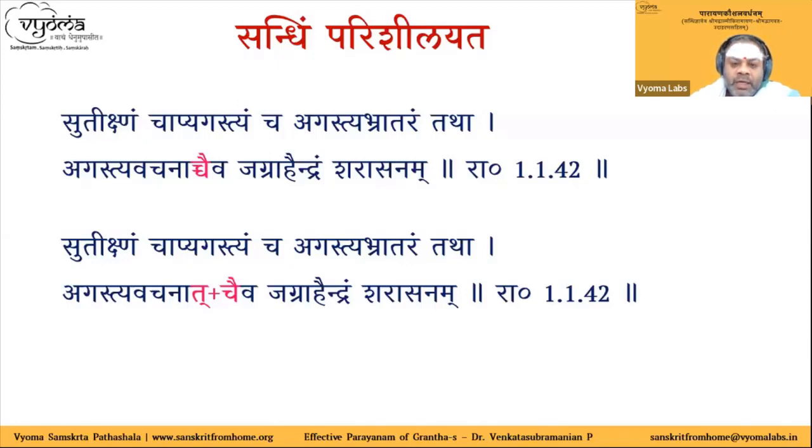The Uttara Varna or the Paravarna is Chakara. As you see, Takara vanished, and finally what came was Chakara. Agastya Vachana Chaiva. There is a double Chakara in the final result.